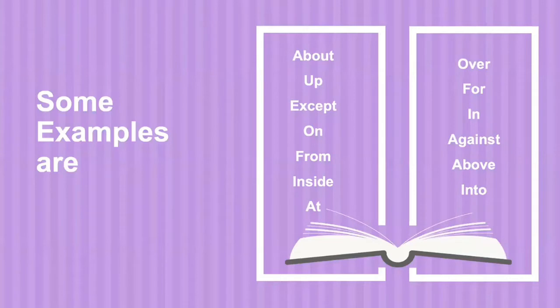Some examples of prepositions are about, up, except, on, from, inside, at, over, and so on. These prepositions are divided into these 3 types. Now we're going to learn how to use them.